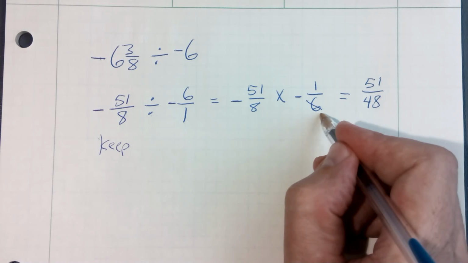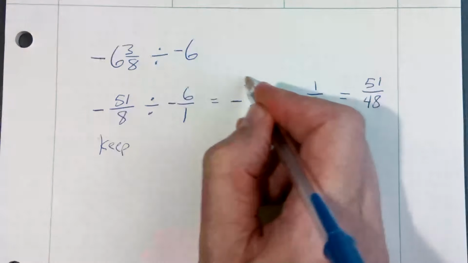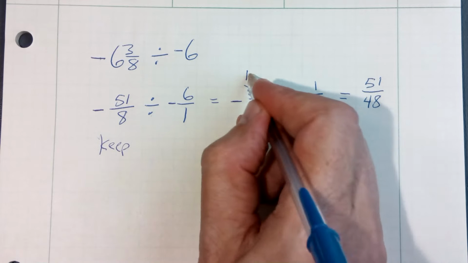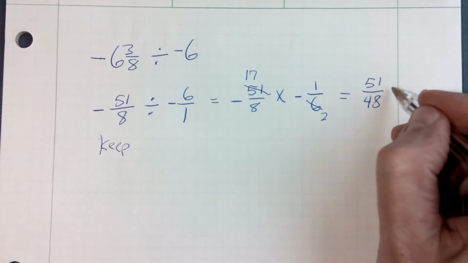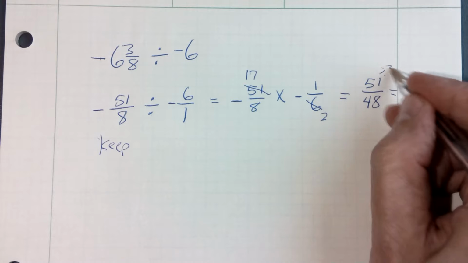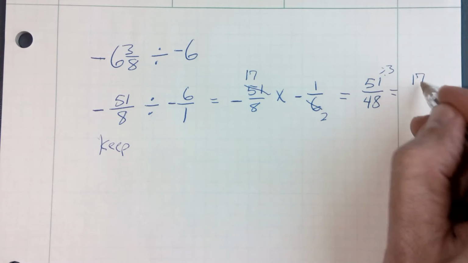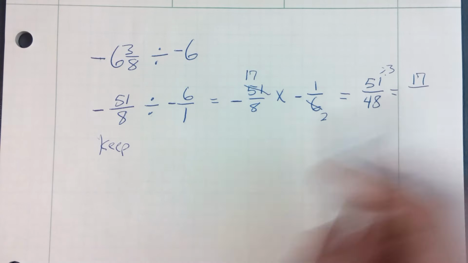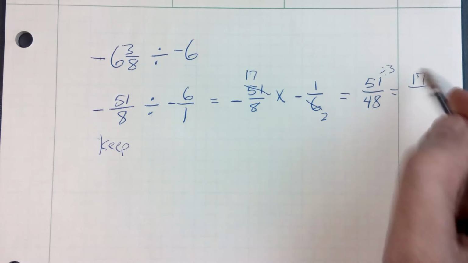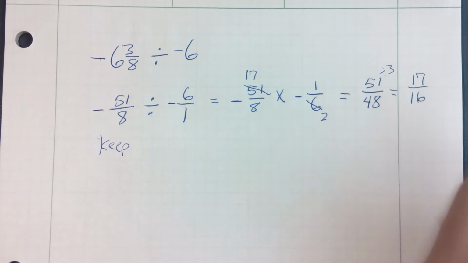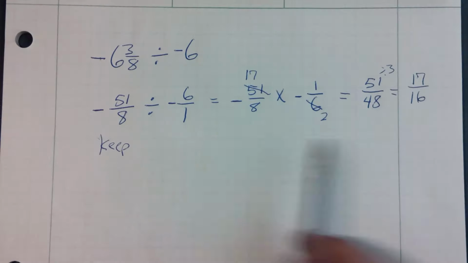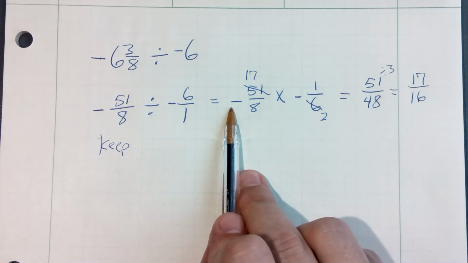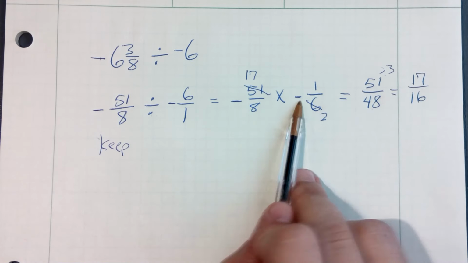If you divide 51 by 3, you're going to get 17. If you divide 48 by 3, you're going to get 16. 8 times 2 is 16, right? And again, the negative and this negative cancel, leaving it a positive.